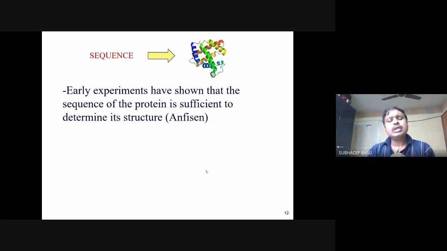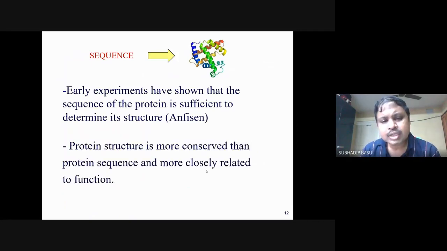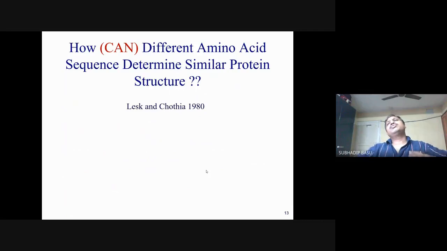When the initial structures were discovered, early experiments showed that sequence information is enough to predict the structure, but eventually that was not found to be true. It's true that protein structures are more conserved than sequences, and that sequences are more closely related to function, but we cannot always extract secondary or tertiary structure information from the sequence.